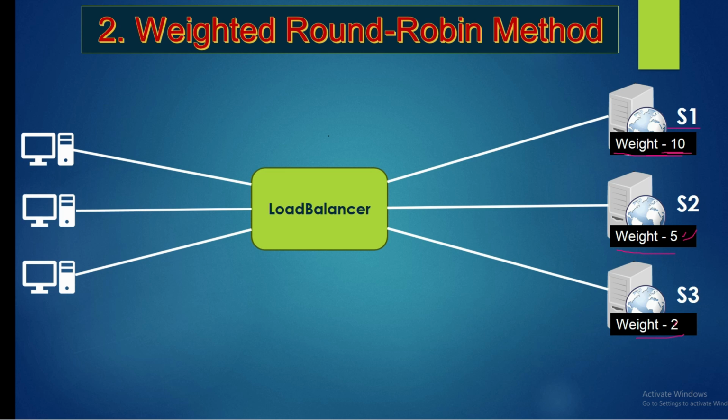So the administrator can assign a weight to this server. Any traffic will give priority to the higher weight server. Now you will see server 1, with high weight, will receive more traffic here. You can see request 1 goes to server 1, request 2 also goes to server 1. So weight is high means it will receive more traffic compared to others.